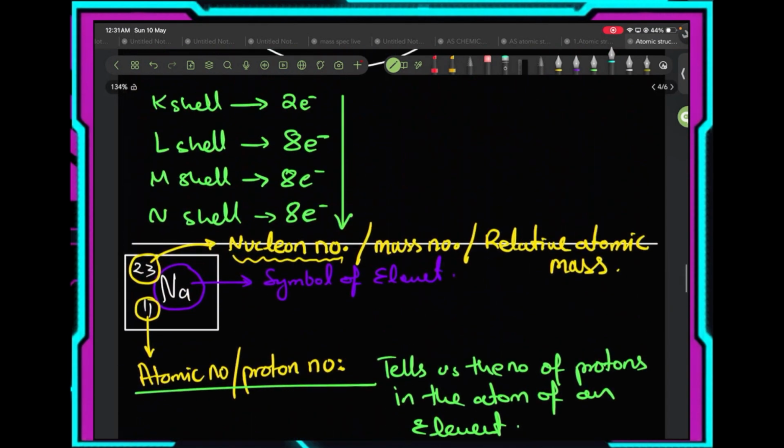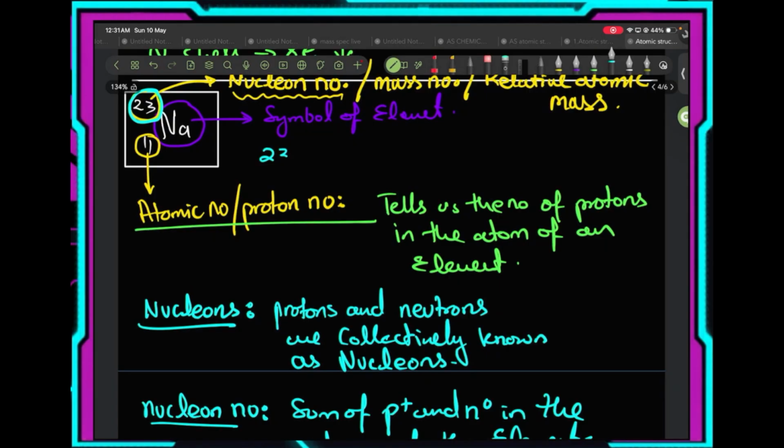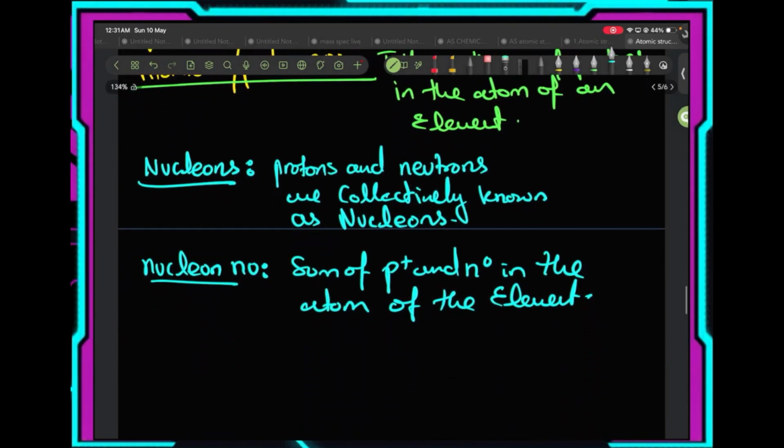So basically, 23 is telling you that after you sum up the protons and neutrons in sodium, you get 23, right? So this larger number written on the element tells you the sum of protons and neutrons.